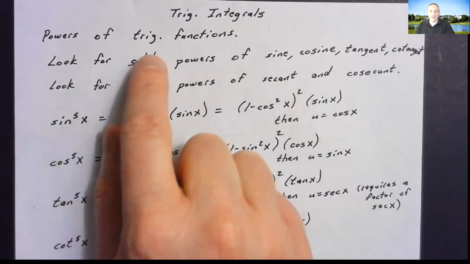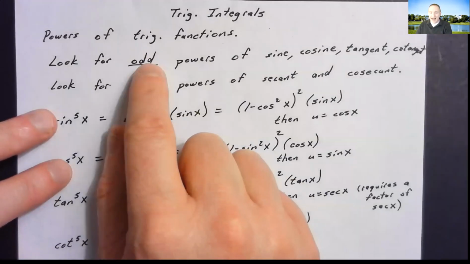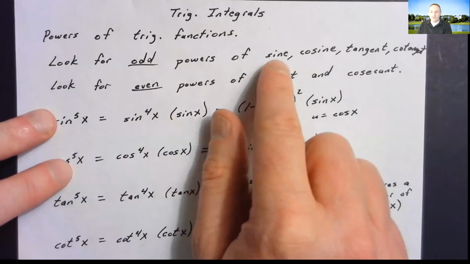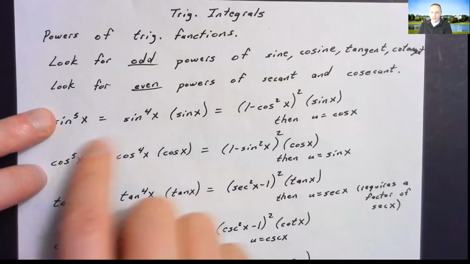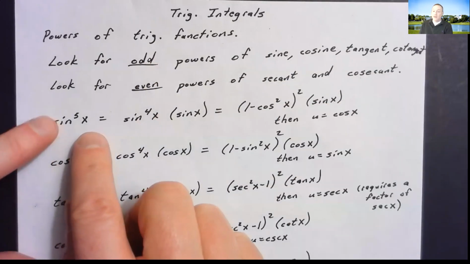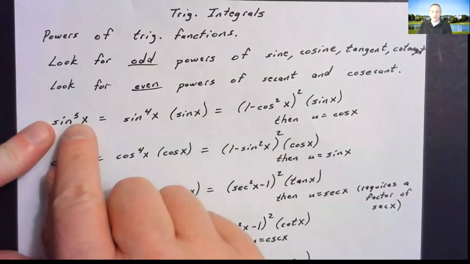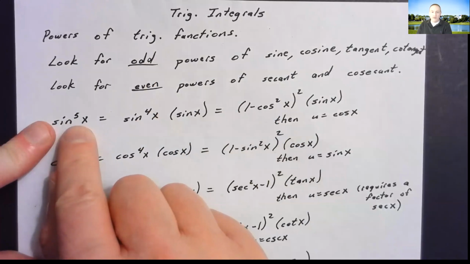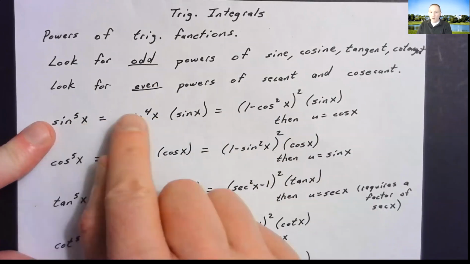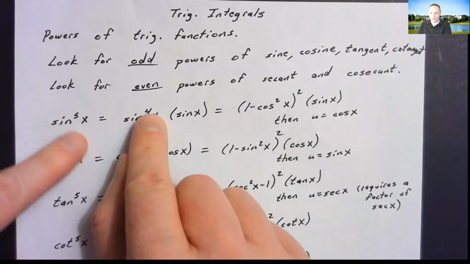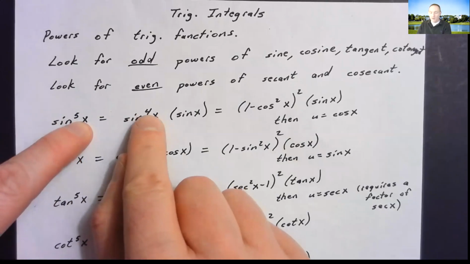Now, when I was saying that you want to work with odd powers of sine, cosine, tangent, and cotangent, here's how you do that. Let's say, for example, you have a sine to the fifth power inside of an integral. Every single time, you're going to take all but one power of that odd power and rewrite it in terms of cosine.